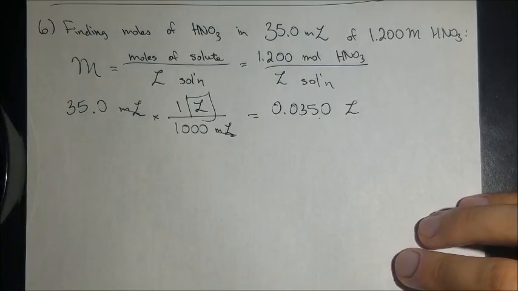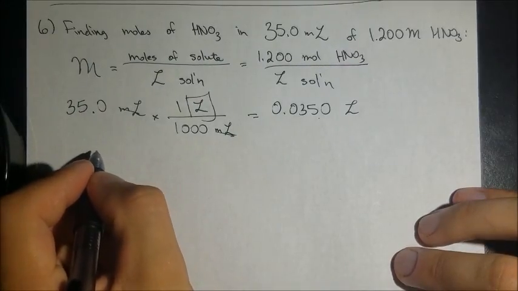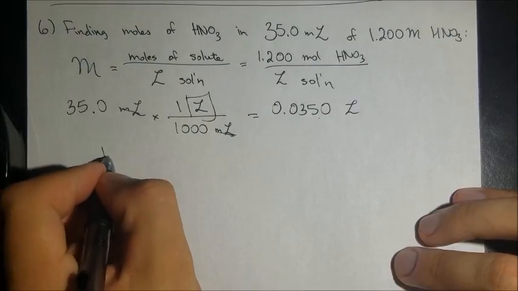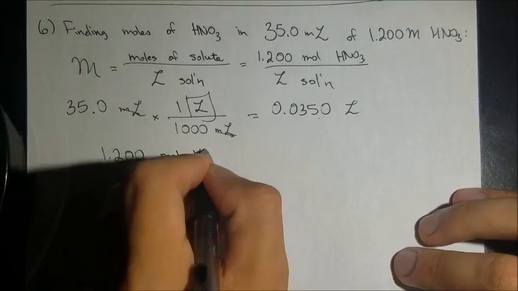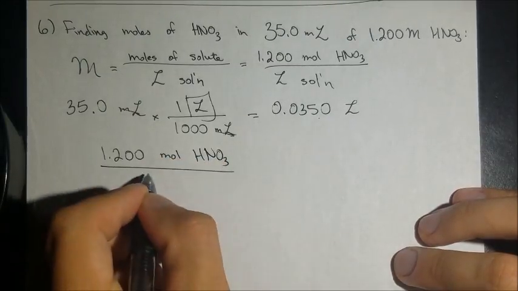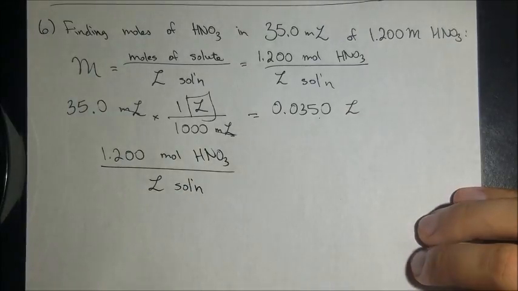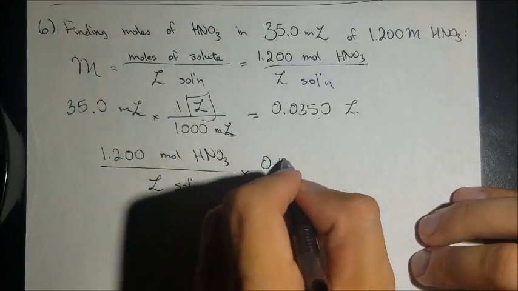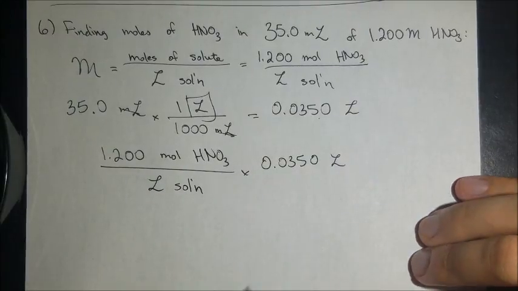And the way I can determine that is by saying, okay, well, I know that 1 liter contains 1.2 moles of nitric acid. Okay, but I only have 0.035 liters of solution.